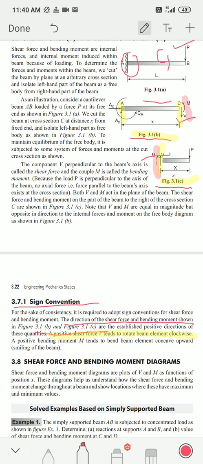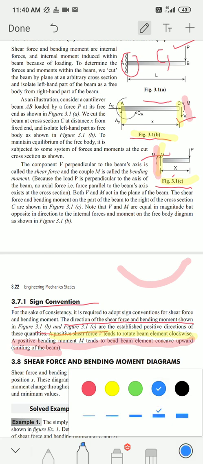Similarly, this M also bends the beam upward. So a positive bending moment tends to bend beam elements concave upward. That is a smiling beam. When the bending moment bends the beam like this, we call it a smiling beam.